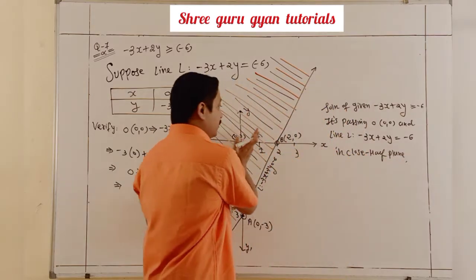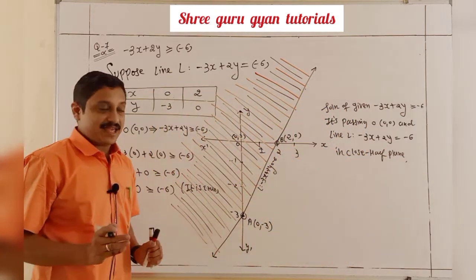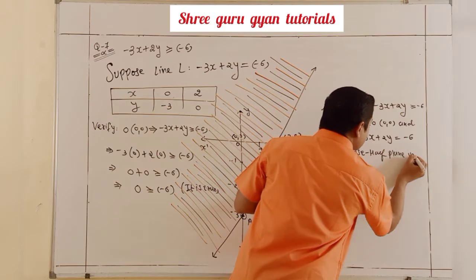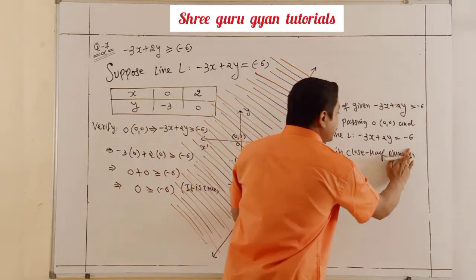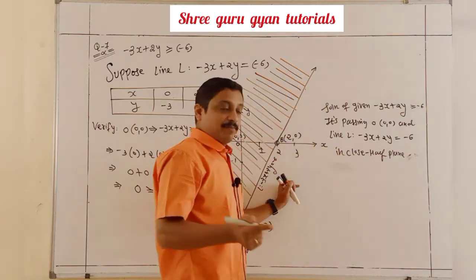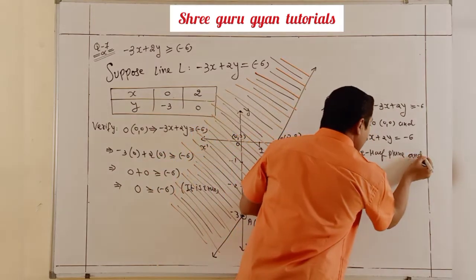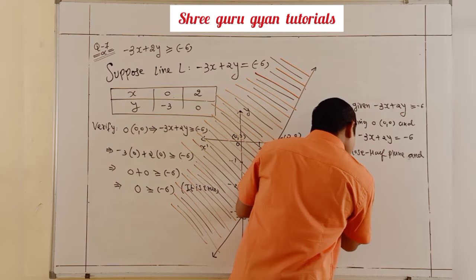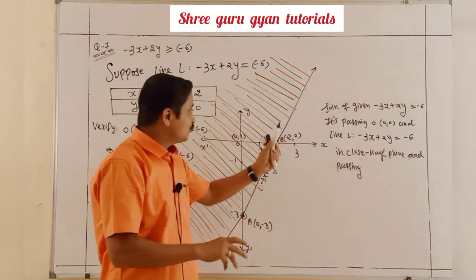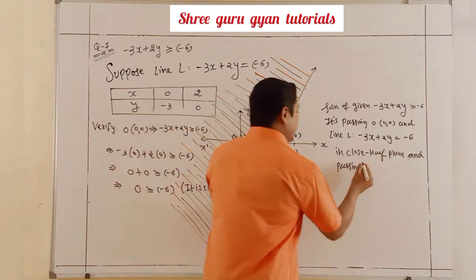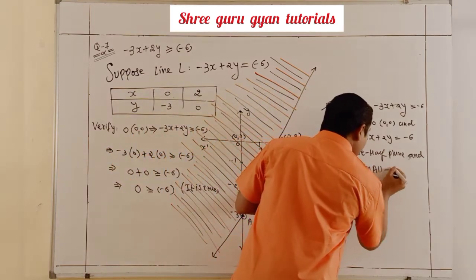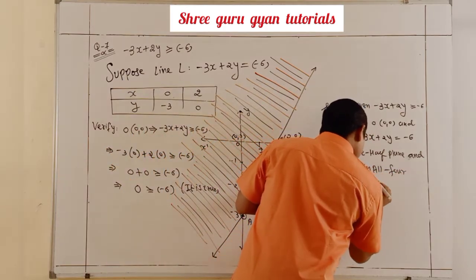In the closed half plane, in upper parts or lower parts? Yes, in the upper part. Then write it directly, in closed half plane, passing through which quadrants? Students, passing through the first, second, third and fourth, all 4 quadrants.